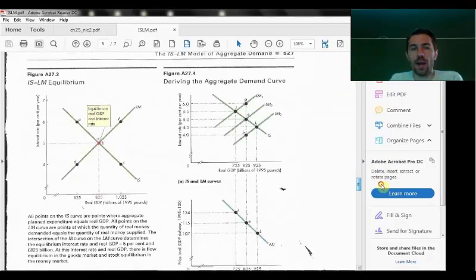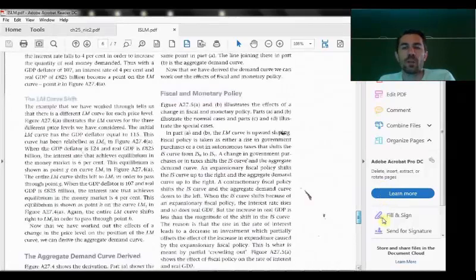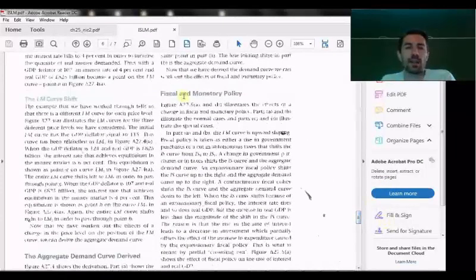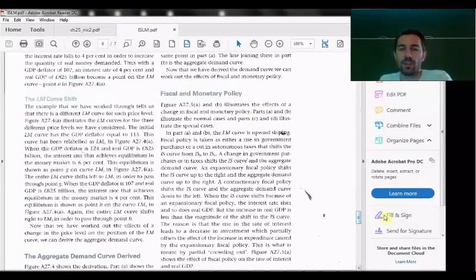And then we're going to bring our IS and LM curves together. And ultimately, we're going to show that if we shift the LM curve and we have different points of equilibrium in our ISLM model, you end up with an aggregate demand curve. So we can derive our aggregate demand curve from the ISLM model. We're also going to use this ISLM model to analyze fiscal and monetary policy actions.